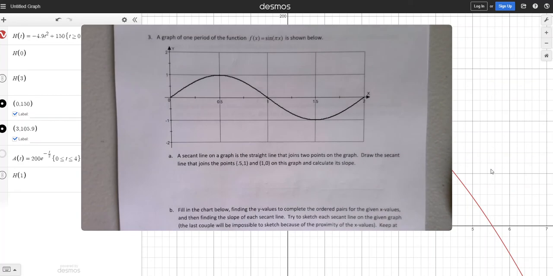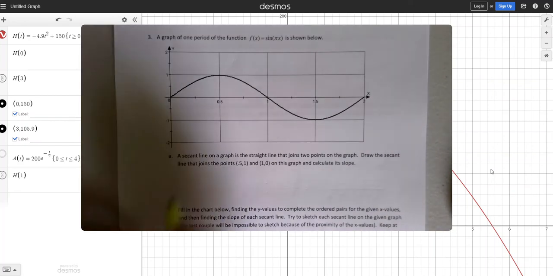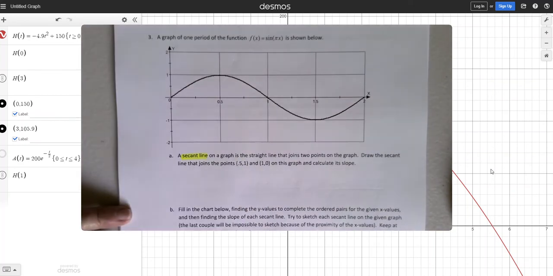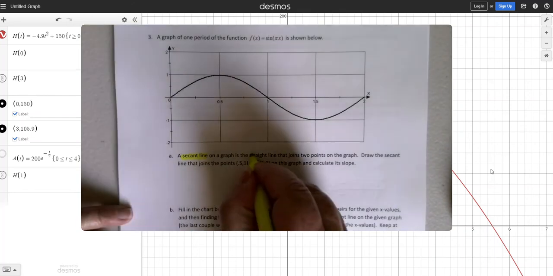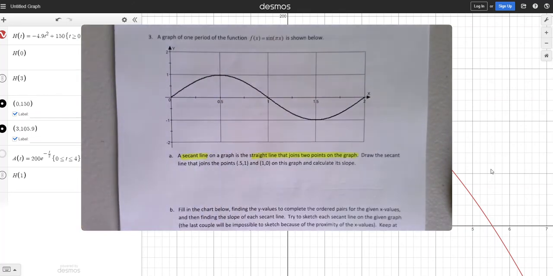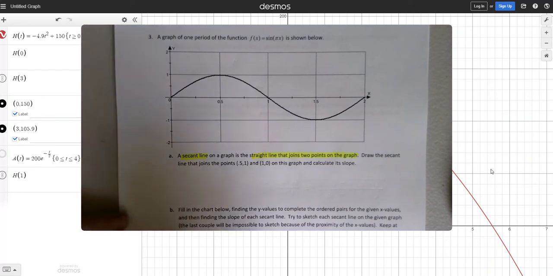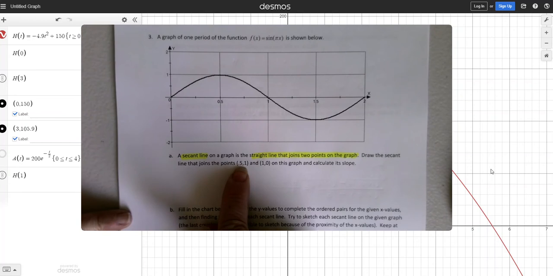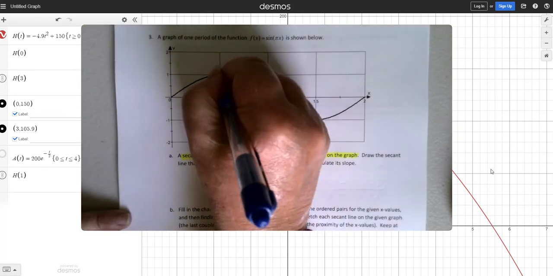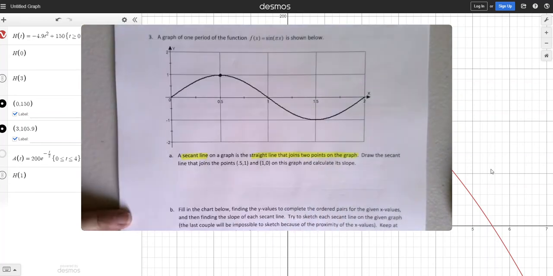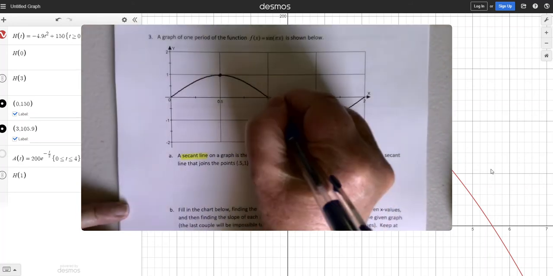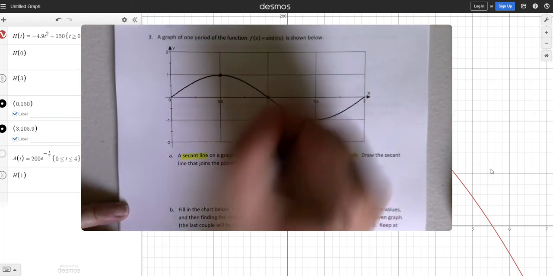Here's something that may be a new definition for you. A secant line is a straight line that joins 2 points on a graph. So we are going to draw the secant line that joins 0.5, 1, right there, and 1, 0, right there.